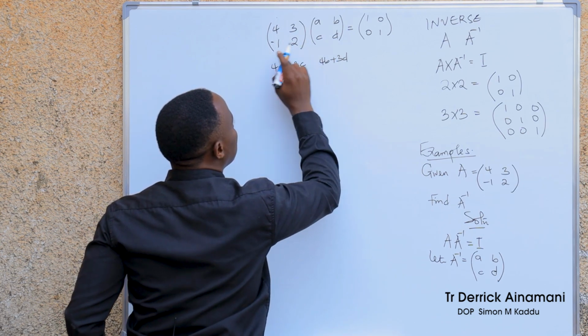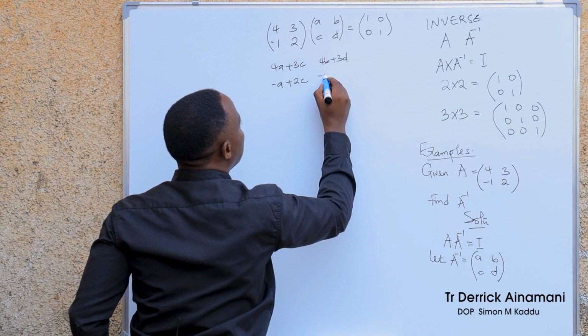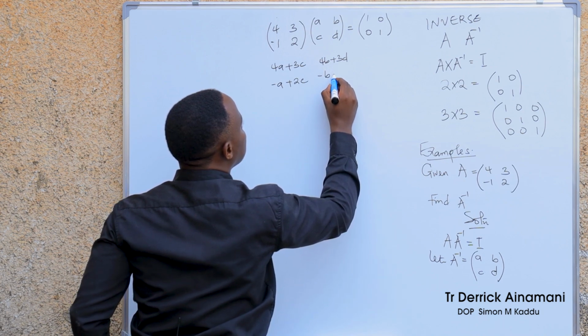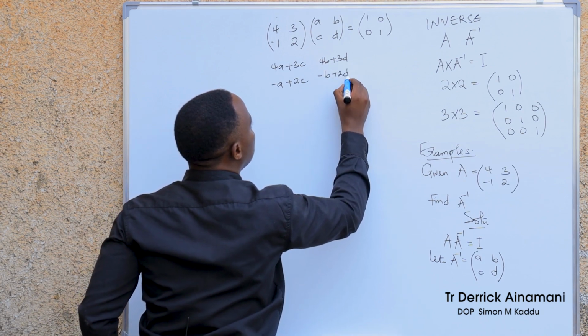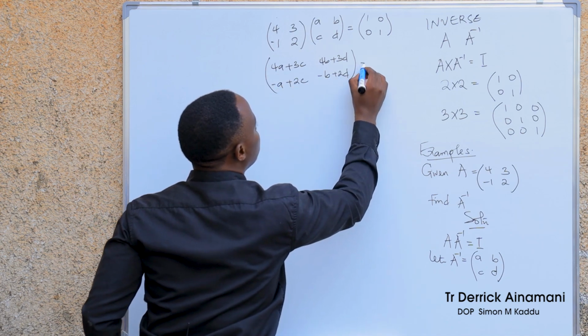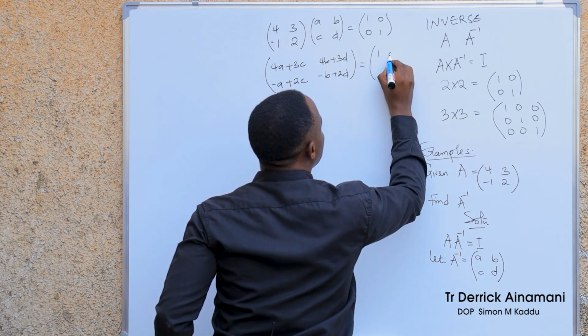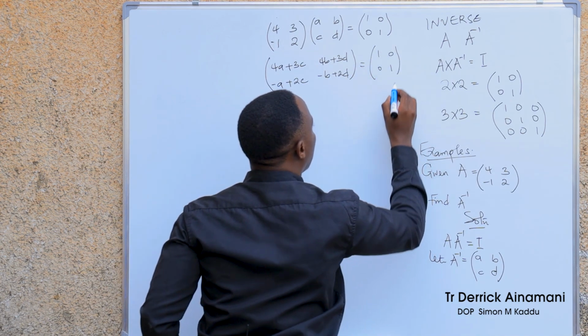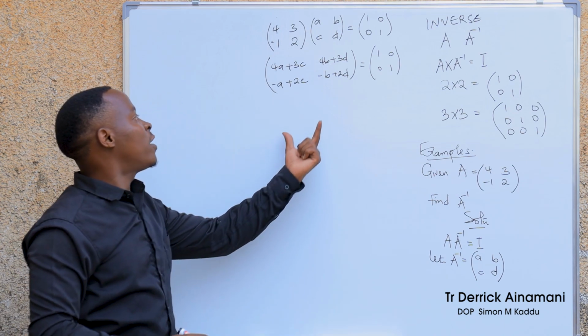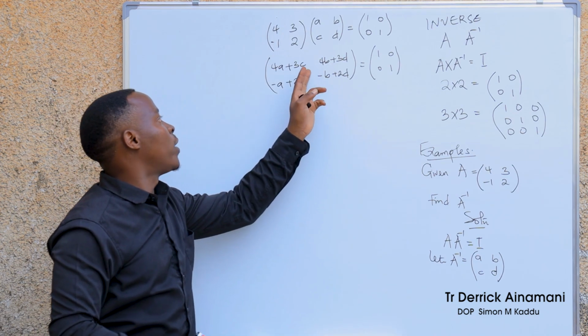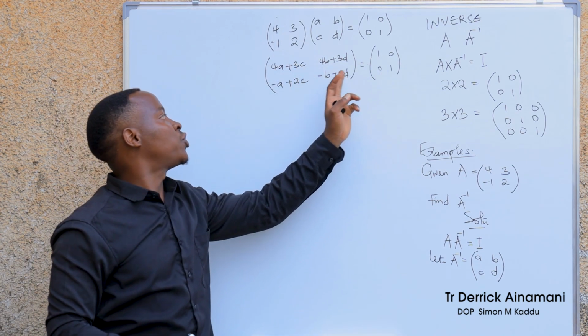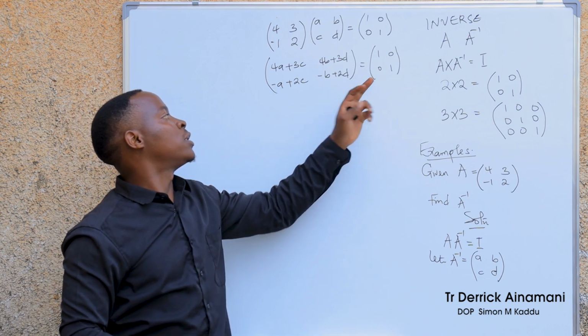Then again negative B plus 2D will be equal to 1, 0, 0, 1. When you reach here, we have a 2 by 2 and a 2 by 2. So what is in this position is equal to what is in this position. What is in this position is equal to what, just like that.